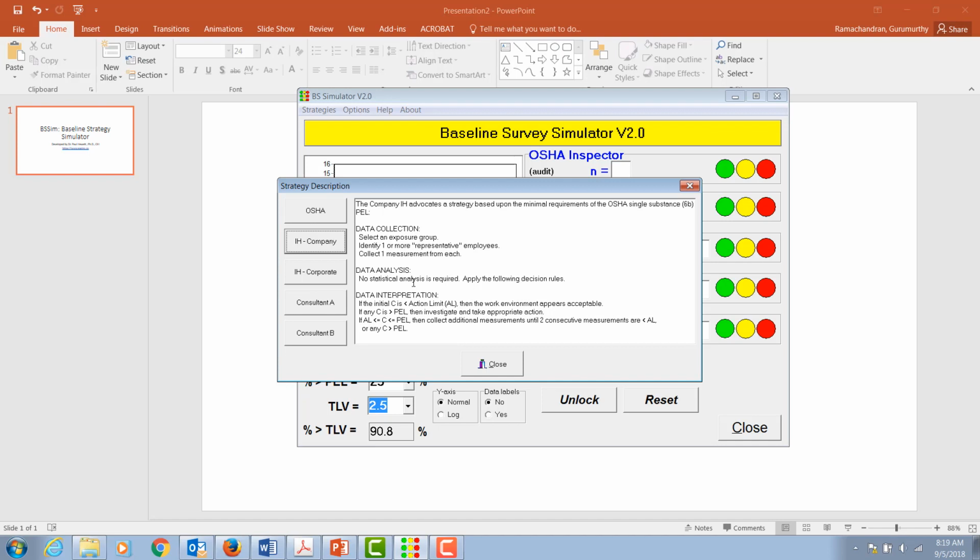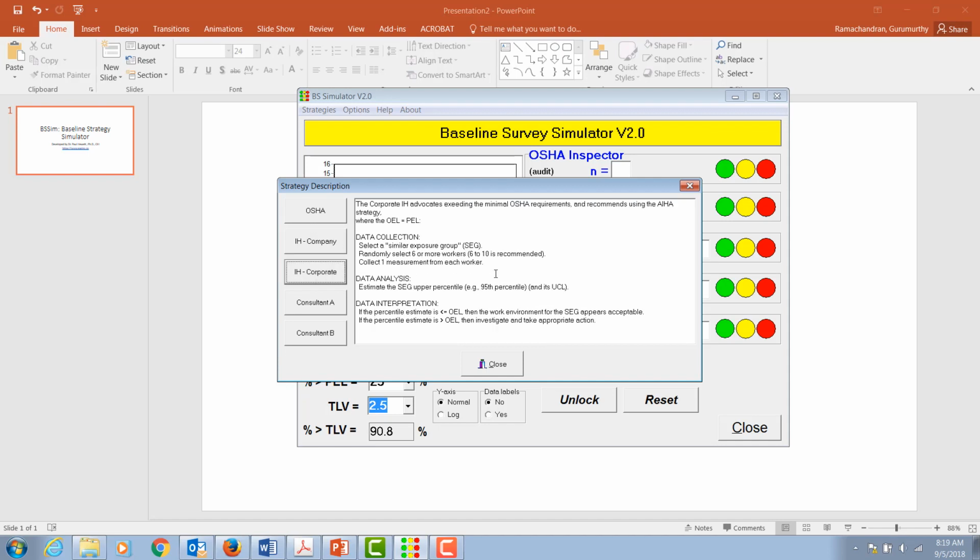There is no statistical analysis needed, and we apply the following decision rules. If the initial concentration is less than the action limit, then the work environment appears acceptable. If any concentration is greater than the PEL, then investigate and take appropriate action. And if the concentration is between the action limit and the PEL, then collect additional measurements until 2 consecutive measurements are less than the action limit, or any concentration is greater than the PEL.